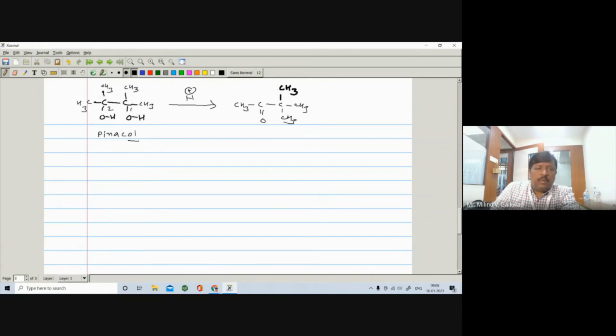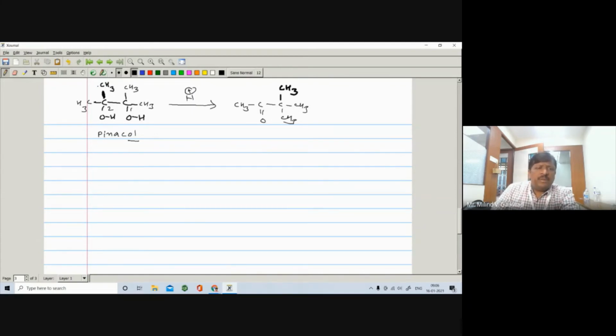So here we have migrated from this carbon. So I will write this CH3 like this. It is your CH3. You can write any R group. You can even write the phenyl nucleus.